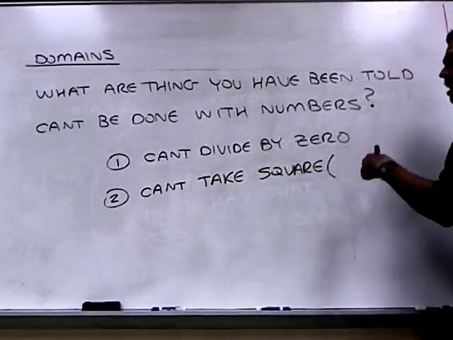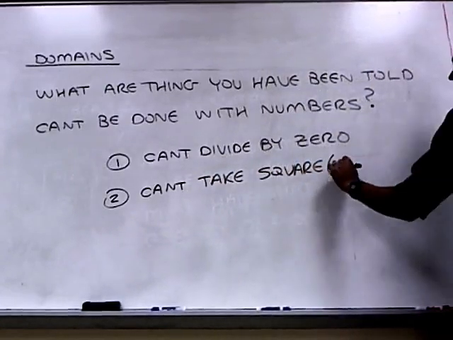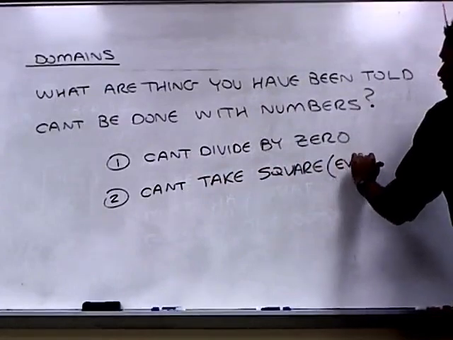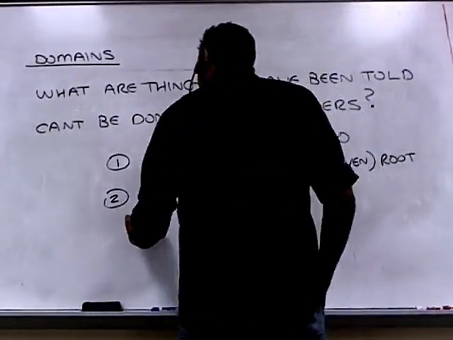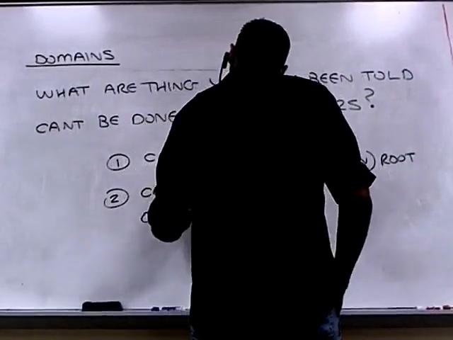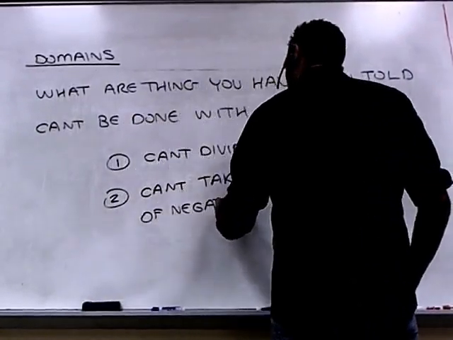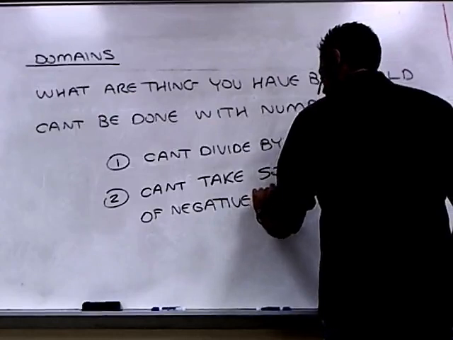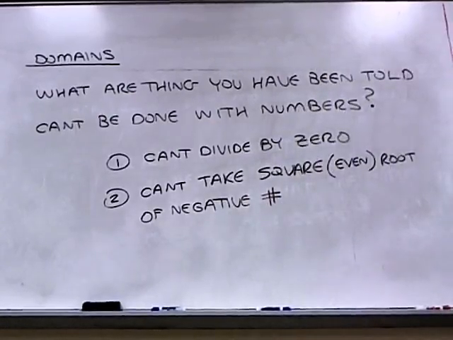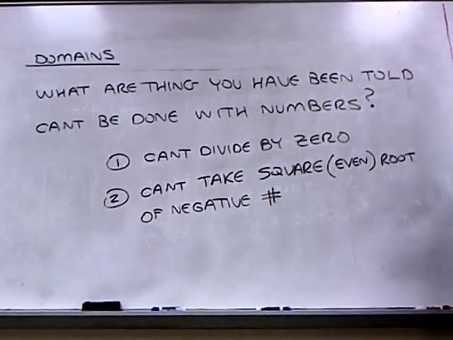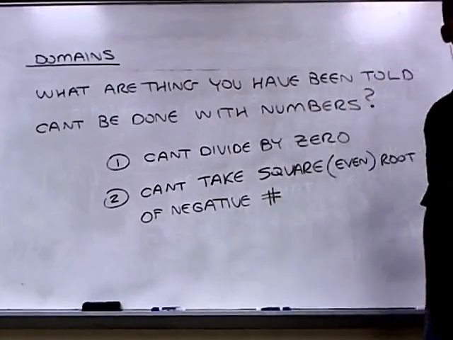Actually, not only can you not take a square root, you can't take any even root of a negative number. I'm going to get lazy and just put the number symbol instead of writing the word number. Those are the main two things that we've been told you cannot do in math.